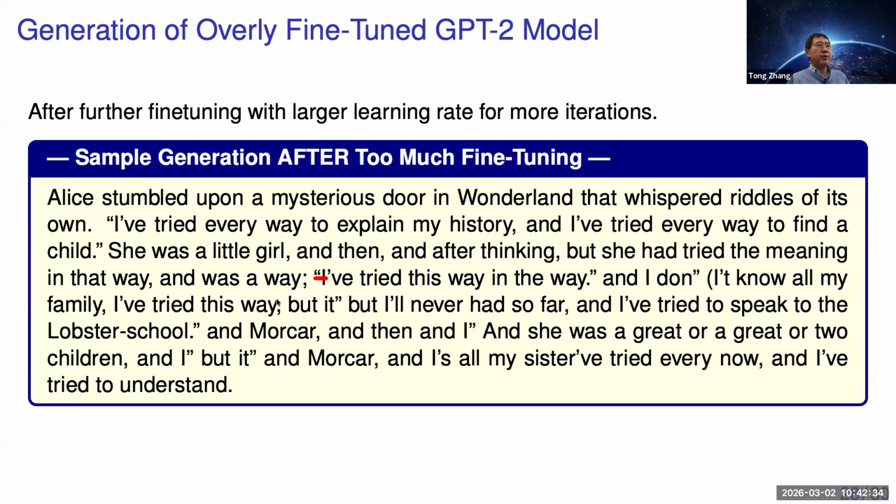I have tried this way. It's starting to repeat things quite a bit. And this pattern is pretty common in this kind of large language model when you fine tune a lot. They tend to have this behavior of repeating something. Once you see that, it means you are too much fine tuned.